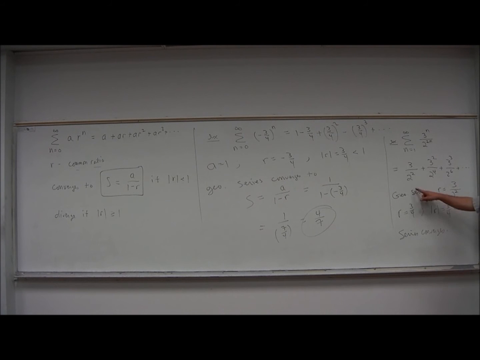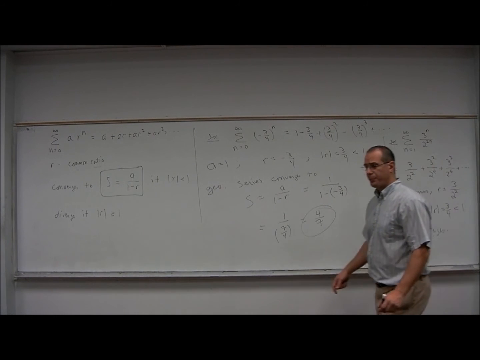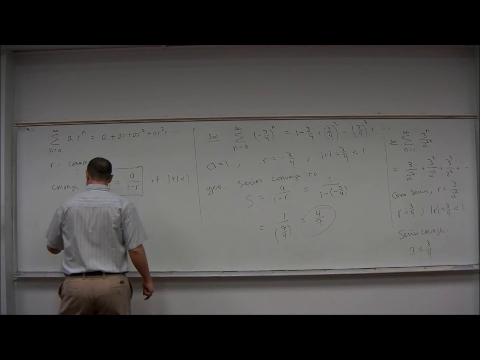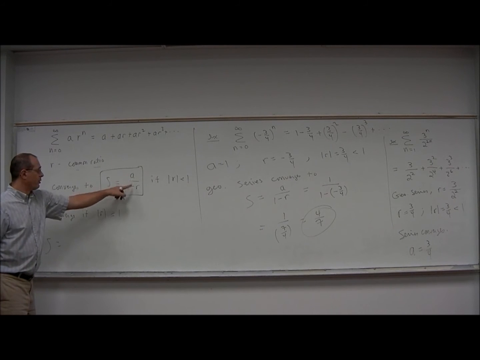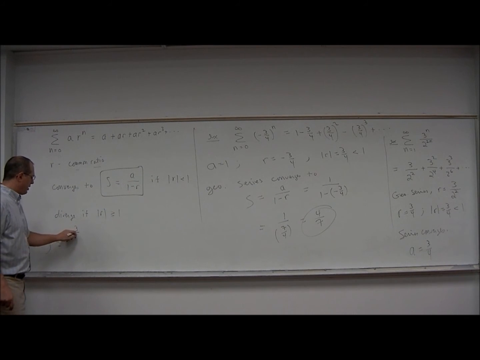In this particular example, a is the first term. It's 3/4. A is 3/4, as well as r being 3/4. We had a coincidence there. So the sum of the series, in this example, s is equal to a over 1 minus r, is 3/4 over 1 minus 3/4.